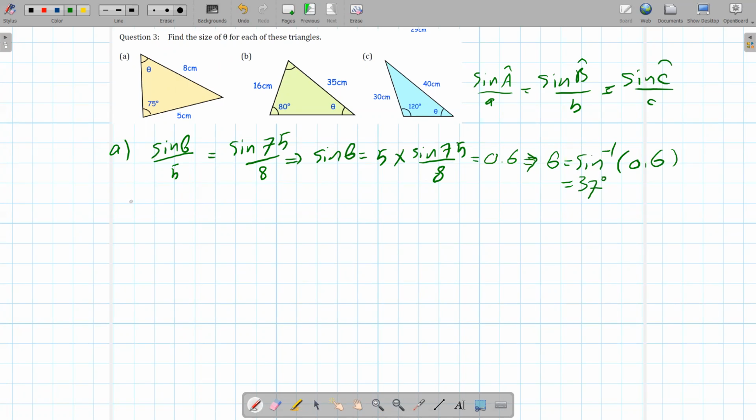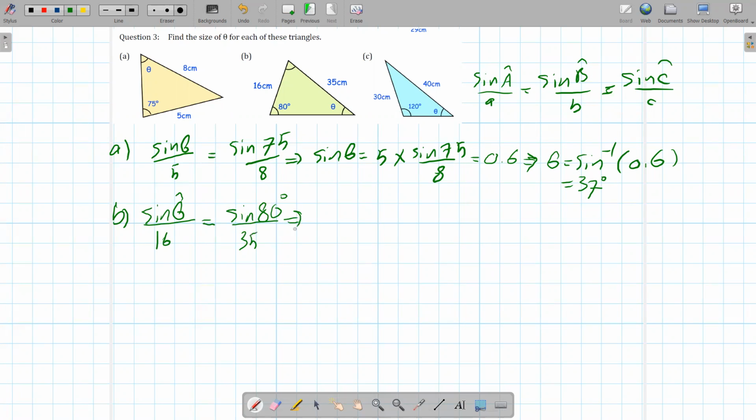Okay, how about question B? Now we will move on to question B. Same steps: we will use the same rule, sine angle A over A equals sine angle B over B equals sine angle C over C. We need to find sine theta over the opposite side, which is 16, equals sine 80 over 35.